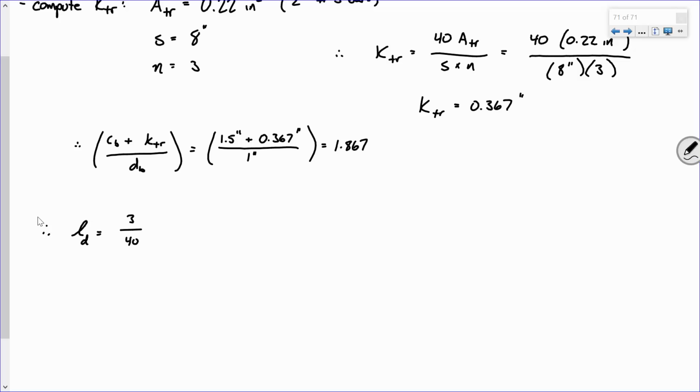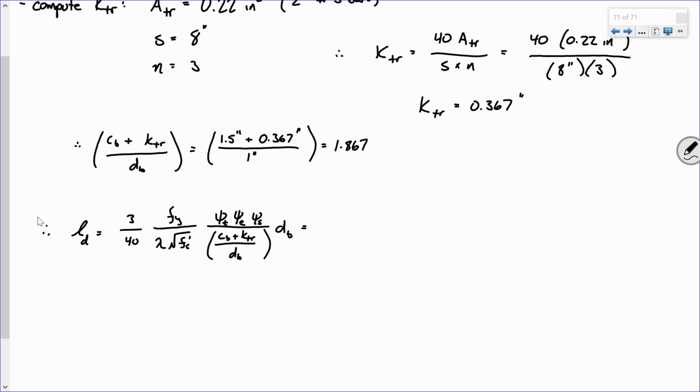Three over 40, Fy over lambda square root of FC prime, times psi t psi e psi s over that ratio we got, times dB. Again, I'm just going to do a single fraction, everything up top and everything on the bottom.